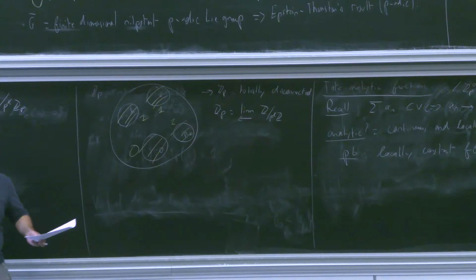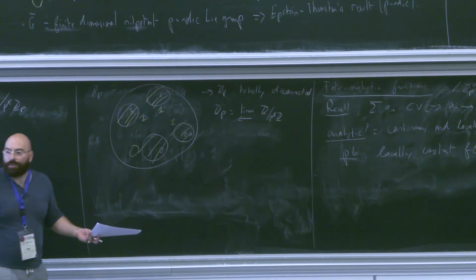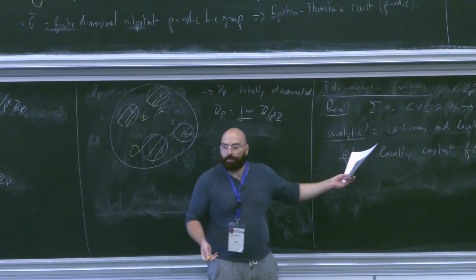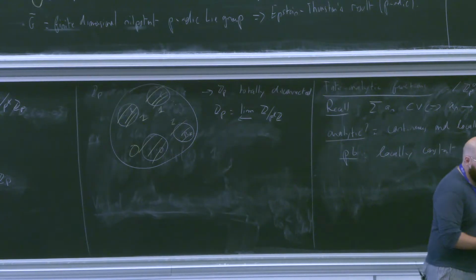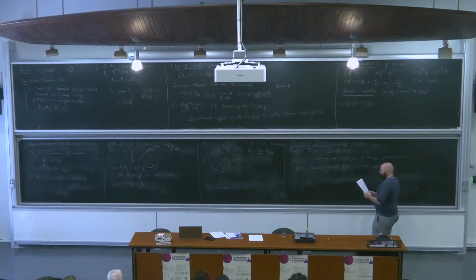Well, this is continuous, right? It's locally constant, but not constant. So this class is basically too broad to do anything useful with. That's one of the reasons you introduce a smaller class, which Serge talked about last week, which we call Tate analytic maps.